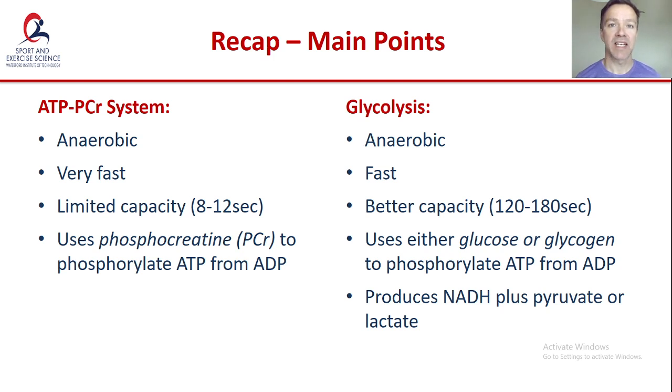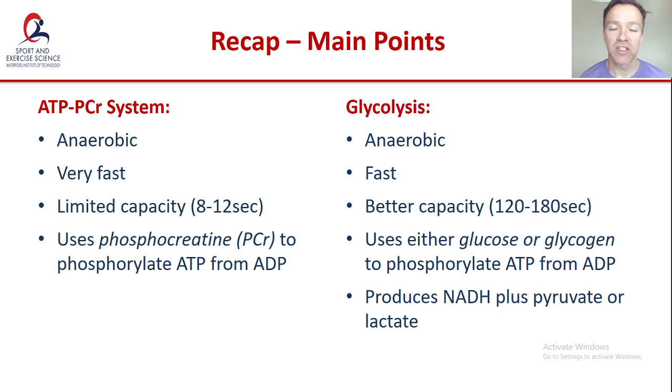We then want to reattach a phosphate group onto the ADP to replenish our ATP stores. The ATP PCR system uses phosphocreatine to do that. By breaking down the phosphocreatine, it releases a phosphate group and a little bit of energy. That little bit of energy is like the superglue that reattaches the phosphate to the ADP, replenishing our ATP stores. So that's a very quick recap of that system.